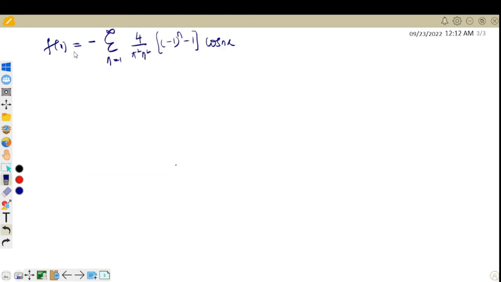Now, to reduce the series, we need to substitute the value. Before substitution, you must write the value of minus 1 whole raised to n minus 1. If I take n equal to 1, minus 1 whole raised to 1 is minus 1, so minus 2. This is when n is odd.